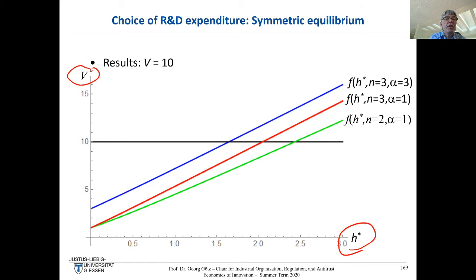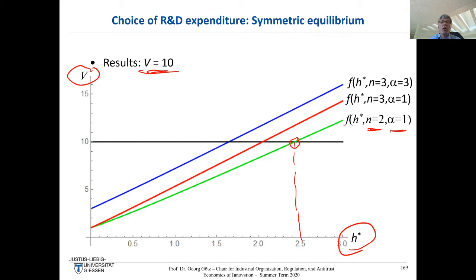Here I assume that v is 10. The black line is v, and of course our optimal h is determined by the intersection here. So I think this is about 2.5. So if n, the number of competitors, is equal to 2, if alpha is equal to 1, and if v is equal to 10, our optimal R&D expenditure is 2.5, or 2.5 million.